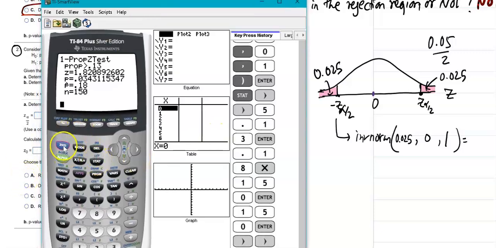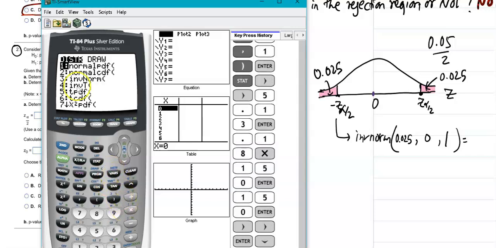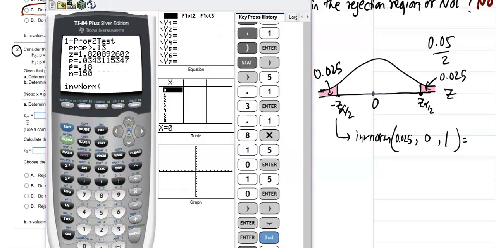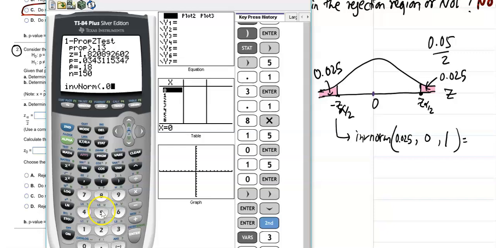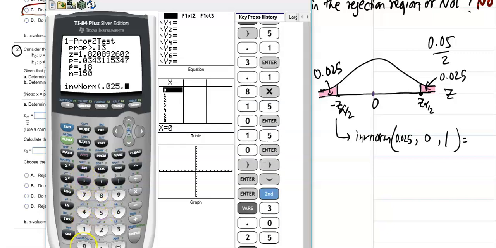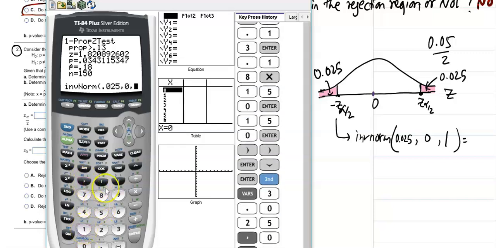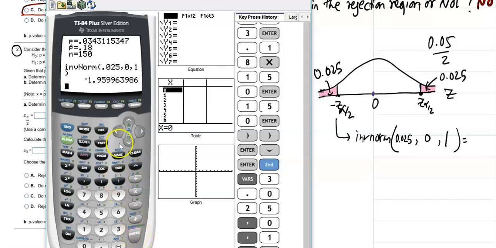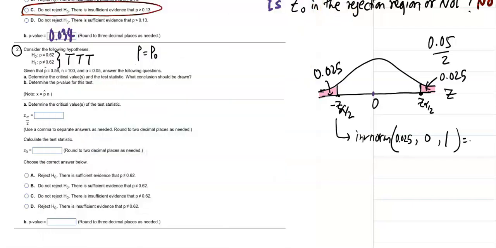So you do second VARS, and invNorm is number 3. So you put 0.025, comma, 0, comma, 1, close parenthesis. You get negative 1.96 if you round it to two decimals. So this value is negative 1.96, and this is the critical value.